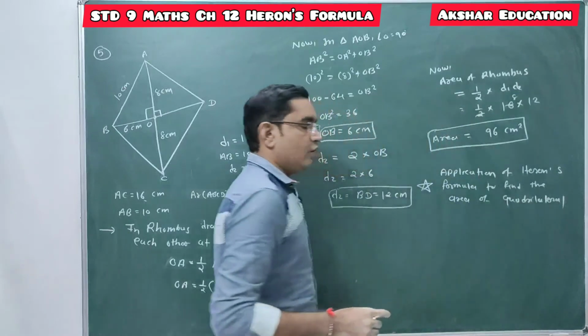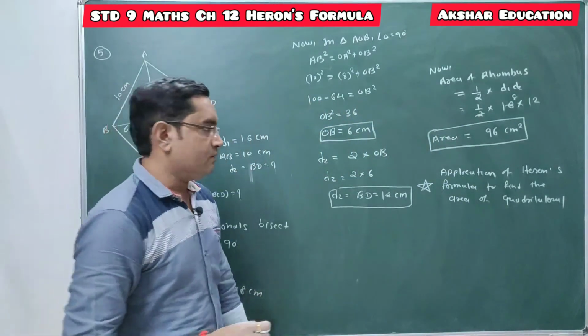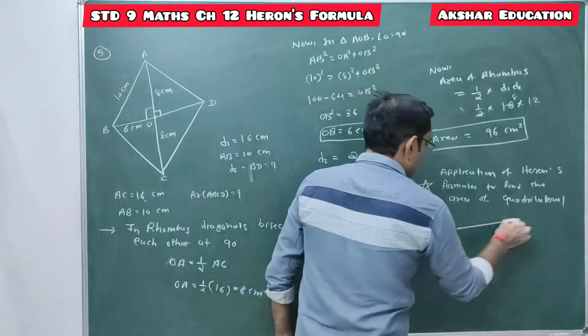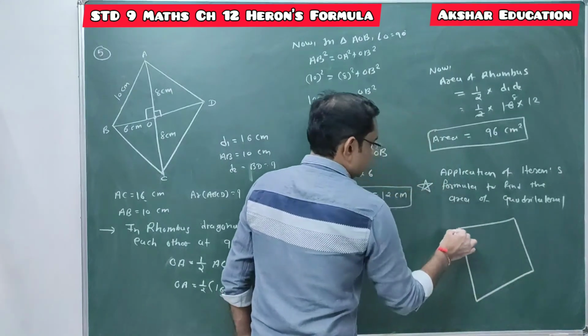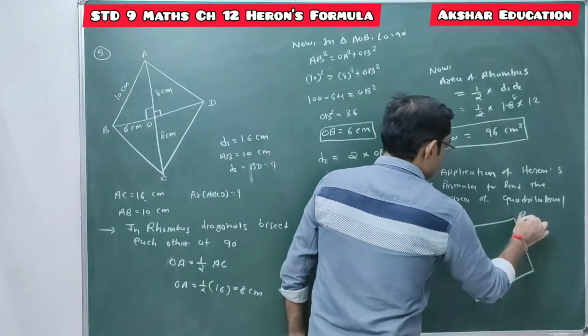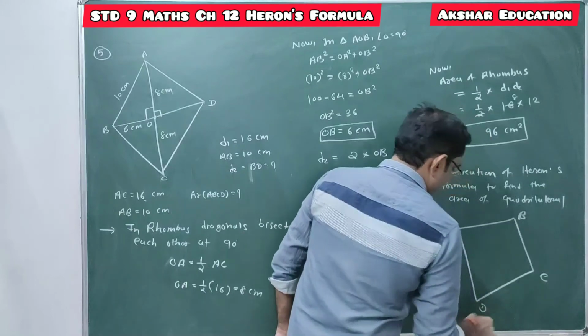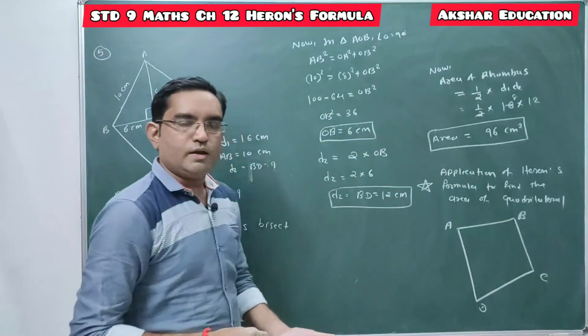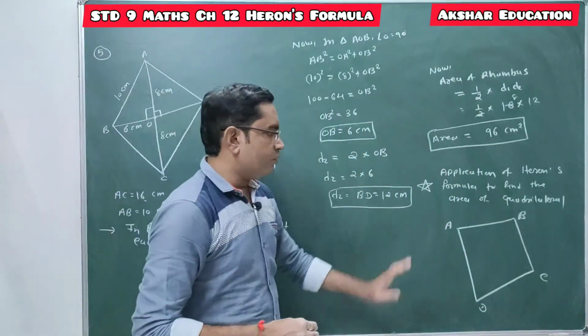How can we find the area of any quadrilateral by using Heron's formula? For example, quadrilateral ABCD is given. That quadrilateral can be of any type. It can be a parallelogram, a rhombus, a square, or a rectangle. So this is one quadrilateral.